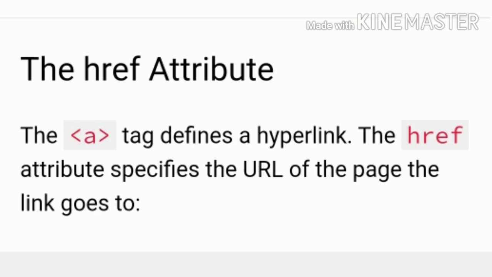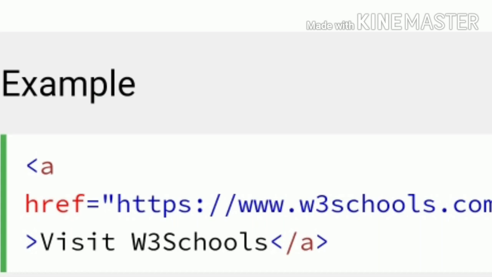An example: you can write a program, a href equal to, within a double quotation, https://www.w3schools.com, Visit W3Schools, /a. At the time you are running the program, just like you can write your college code.